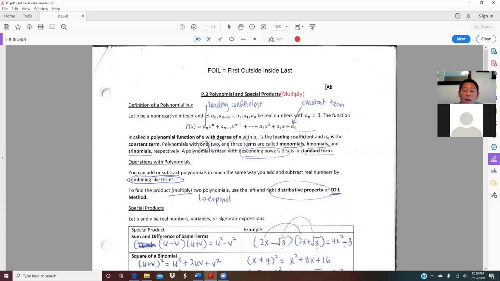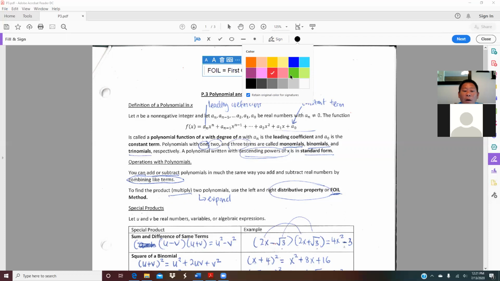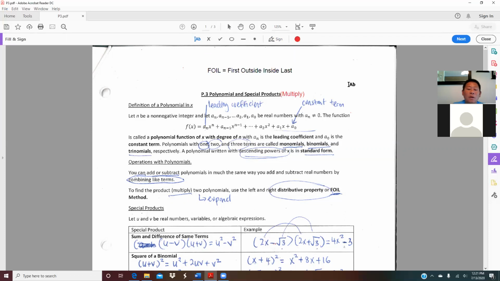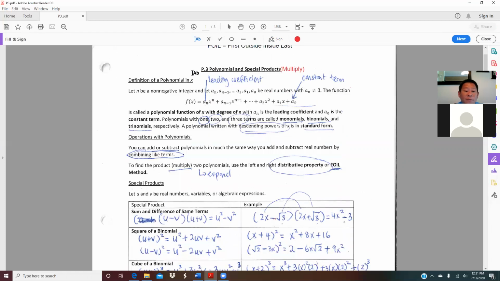Okay, so product means multiply. The first thing we're going to talk about here is polynomials. What is a polynomial? A polynomial is a function where you have lots of terms and they all have variables in them.